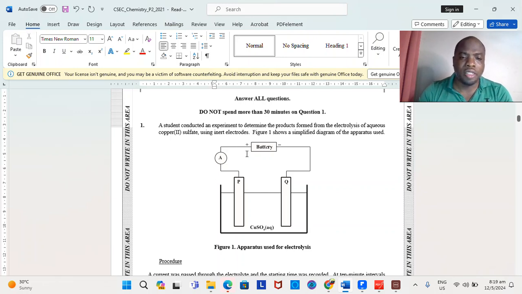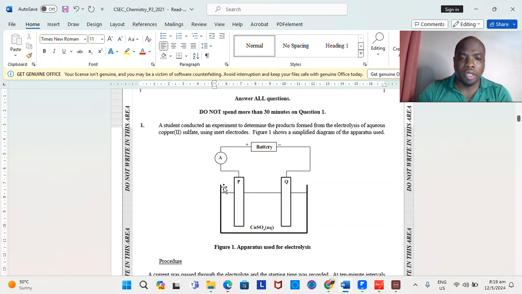Once this circuit is on, electrons are going to be pulled from the anode, causing it to now assume a positive charge. On the flip side, electrons are going to be forced onto the cathode, which is Q. And similar to how a nonmetal will react, once they accept electrons, the nonmetals become negatively charged because you now have more electrons than protons.